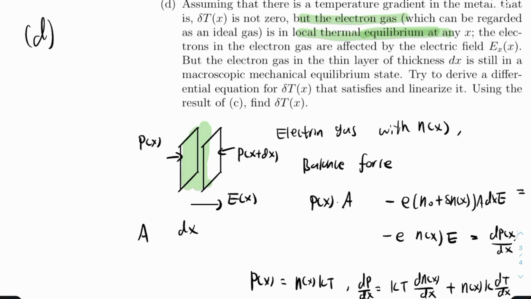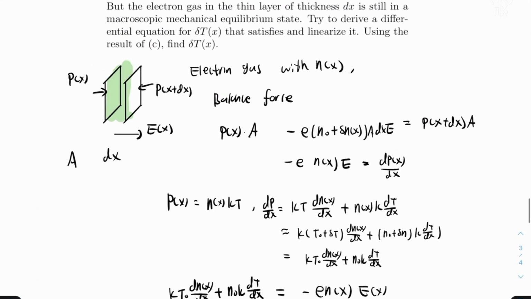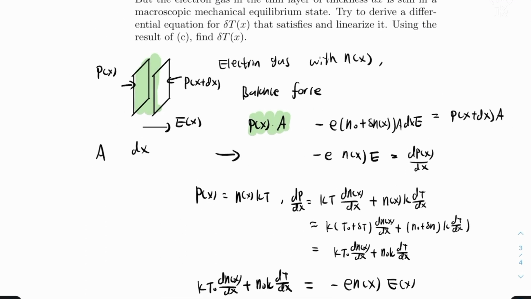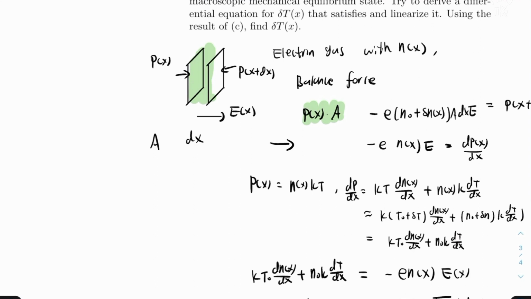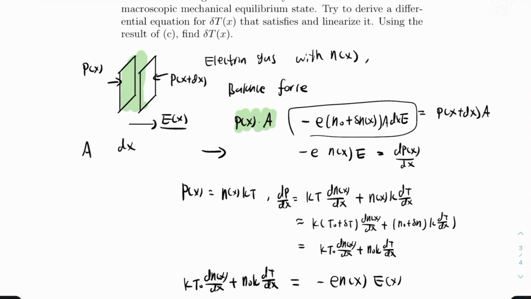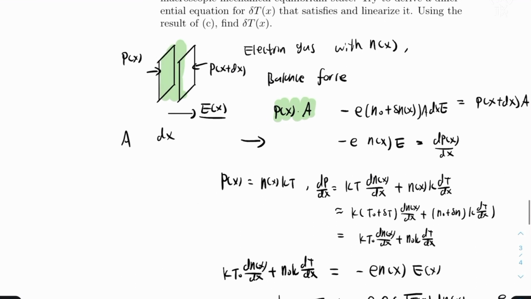So you can see that the force applied to the right side is equal to px times A. And because electron has negative charge, and while the Ex is pointing to the positive direction, this term basically is saying that the force is pointing in that direction, right?